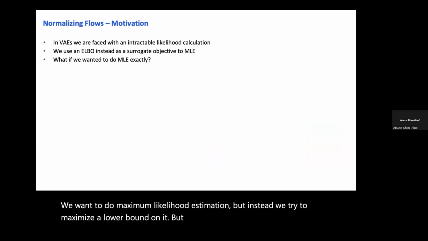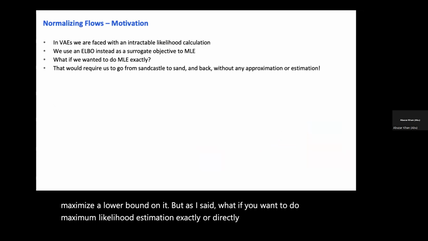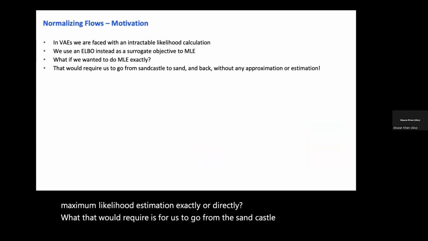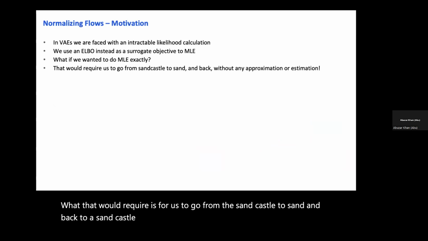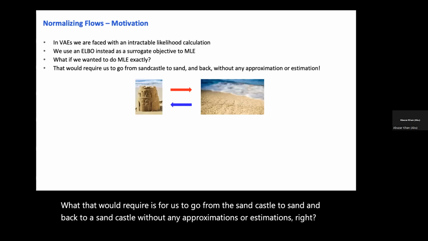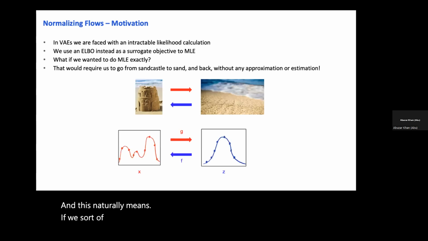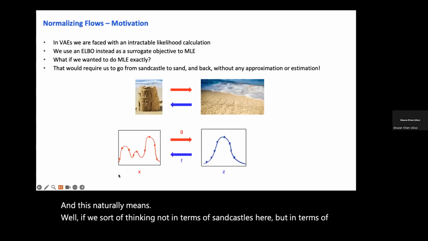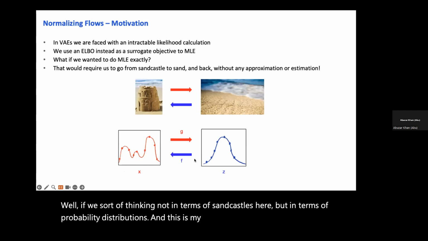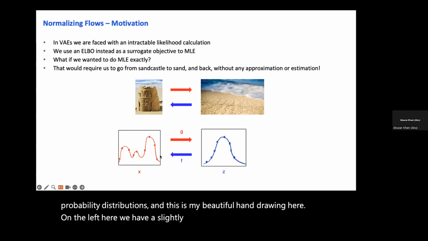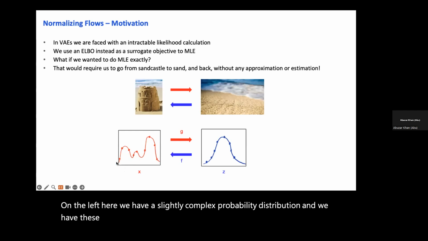But as I said, what if you want to do maximum likelihood estimation exactly or directly? Well, what that would require is for us to go from the sandcastle to sand and back to a sandcastle without any approximations or estimations, right? And this naturally means, if we think not in terms of sandcastles here, but in terms of probability distributions, and this is my beautiful hand drawing here. On the left, here we have a slightly complex probability distribution, and we have these 8 points on it.